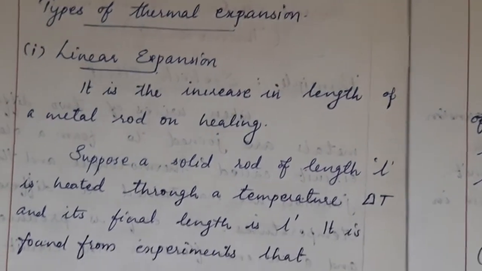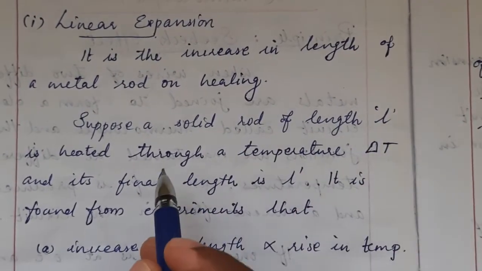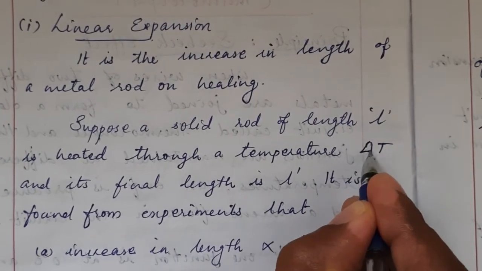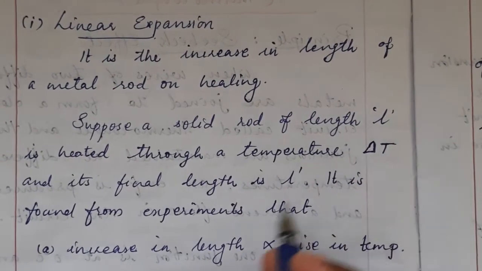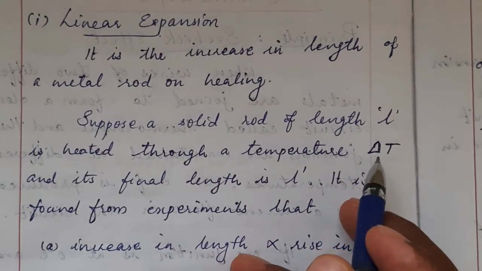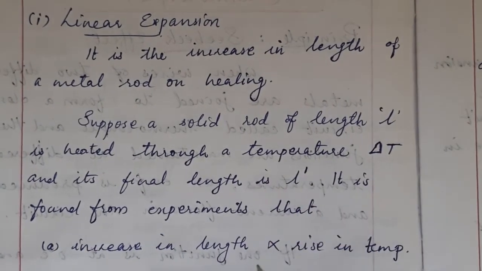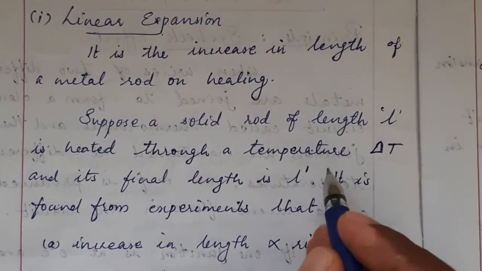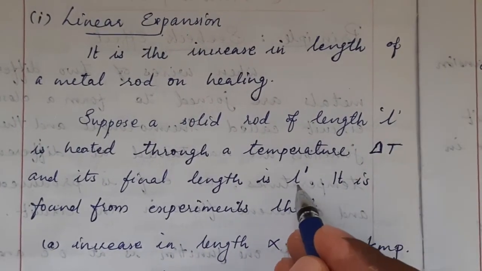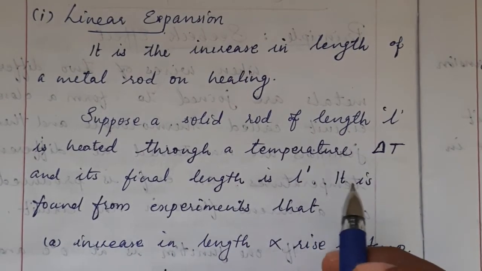Take a solid metallic rod of length L, then increase its temperature by a small amount, delta T. Remember, delta T is the increase in the temperature. As a result, its length becomes L dash, a new length. So the increase in the length is L dash minus L. This expansion depends on certain factors.